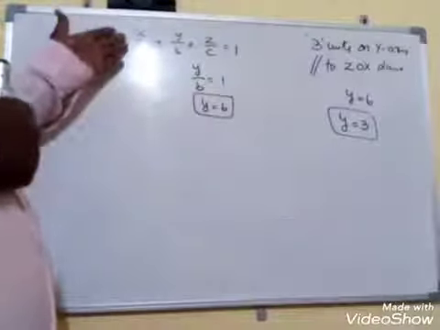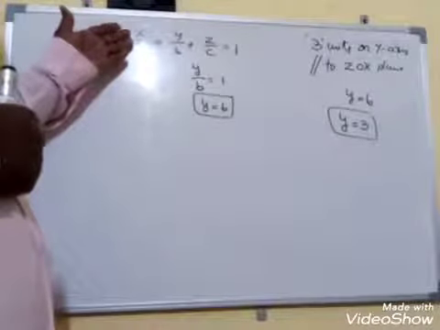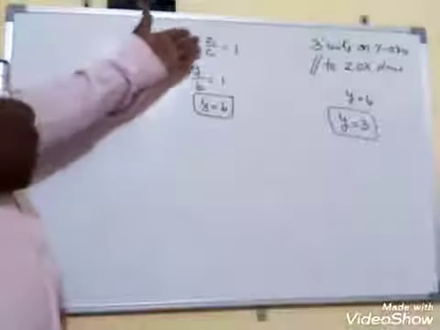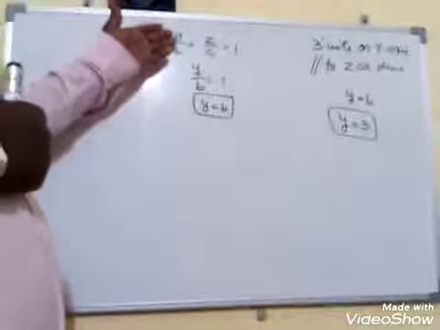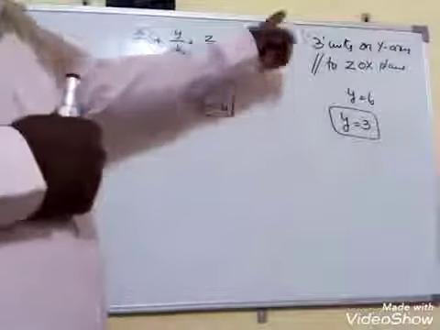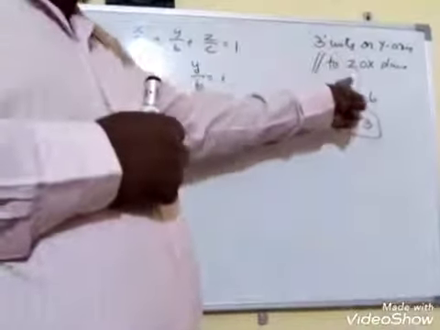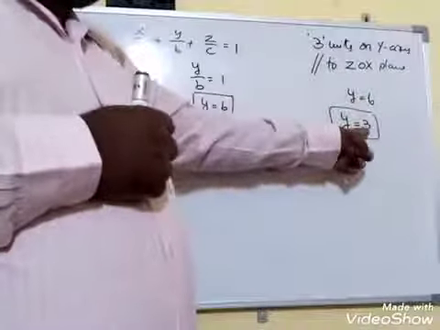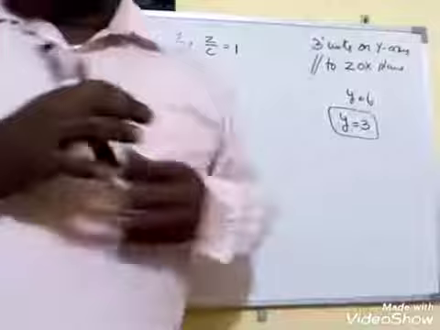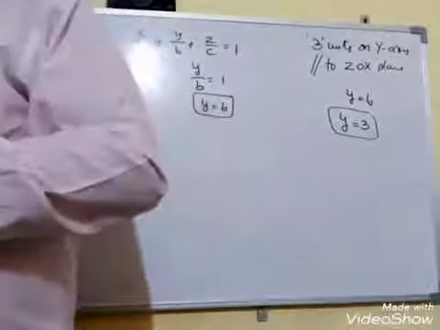Therefore, the intercepts made are zeros. Therefore, this becomes 0 and this becomes 0. Finally, what are you going to get? y by b is equal to 1. That is y is equal to b. The same concept we have to use. Therefore, the required equation of the plane is y is equal to b. Now, what is the b they are given? 3. Therefore, the required equation is y is equal to 3.